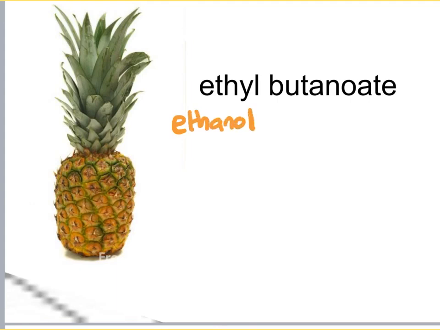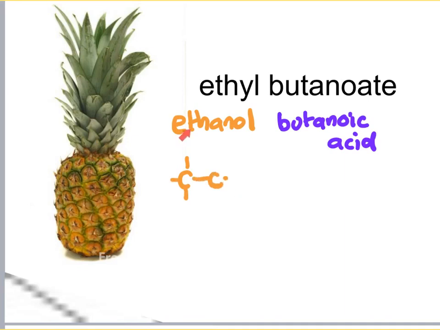The fruity smell of pineapples is caused by the ester ethyl butanoate. So ethyl must have come from the alcohol ethanol. Butanoate must come from the carboxylic acid butanoic acid. Draw the structures of the alcohol, ethanol, eth stem, and butanoic acid, 4 carbons.